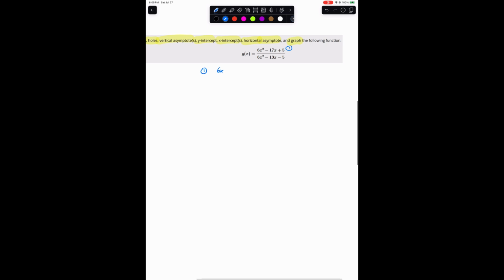So 6x squared minus 17x plus 5. Looking for two numbers that multiply to 30, 6 times 5, and add up to negative 17. This is negative 15 and negative 2. I'm going to rewrite this polynomial as minus 2x and minus 15x.